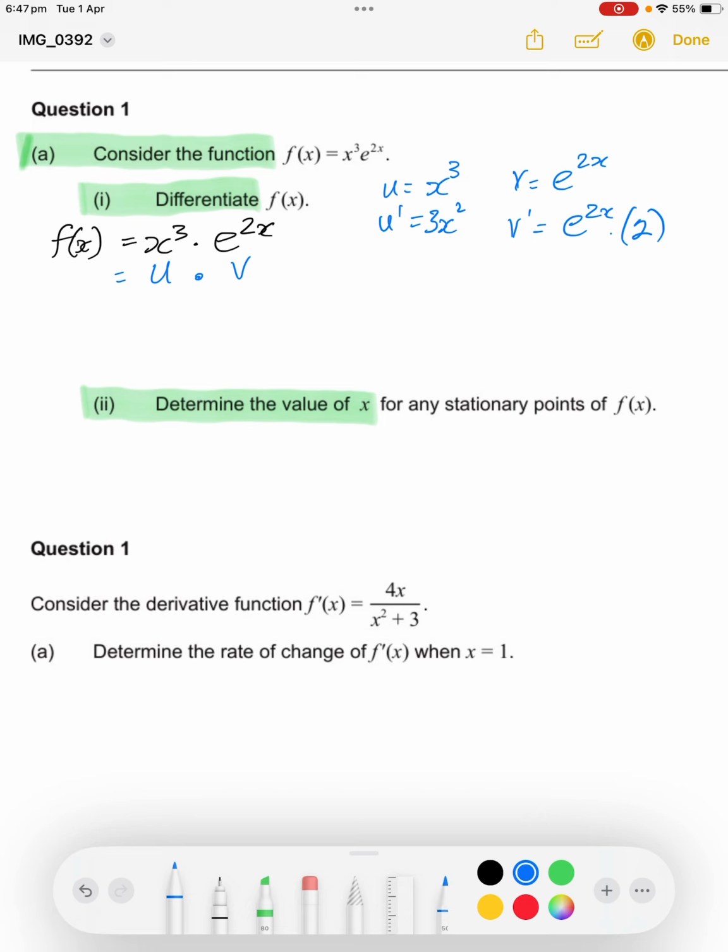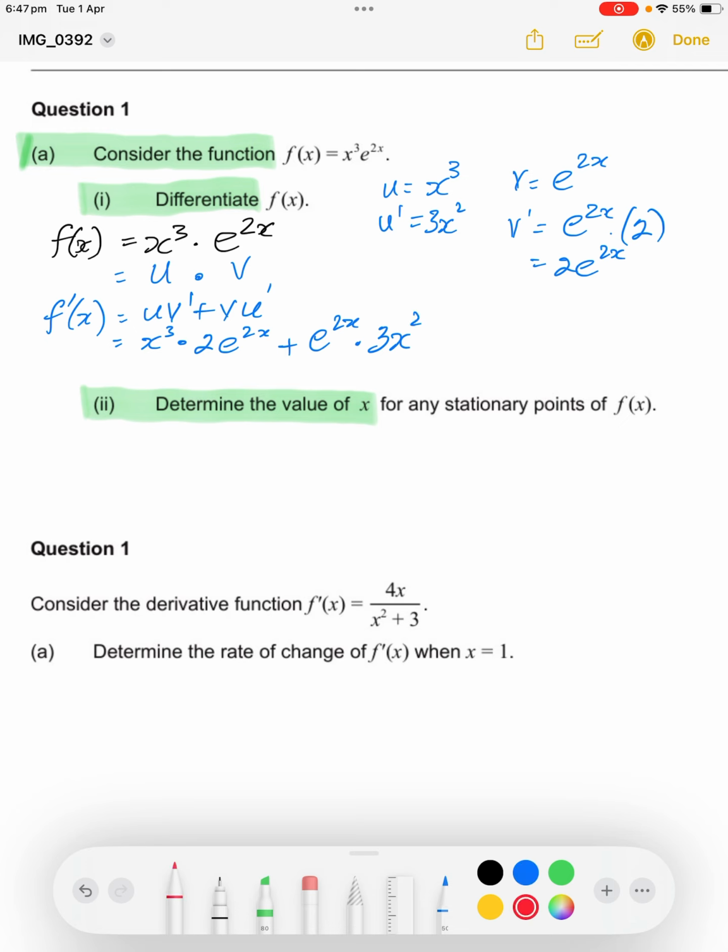Now we've got the derivative will be u v dash plus v u dash. u is x cubed. v dash is 2e to the 2x. I've just put the 2 in front of e to the 2x. Now plus v, which is e to the power of 2x, and u dash is 3x squared.